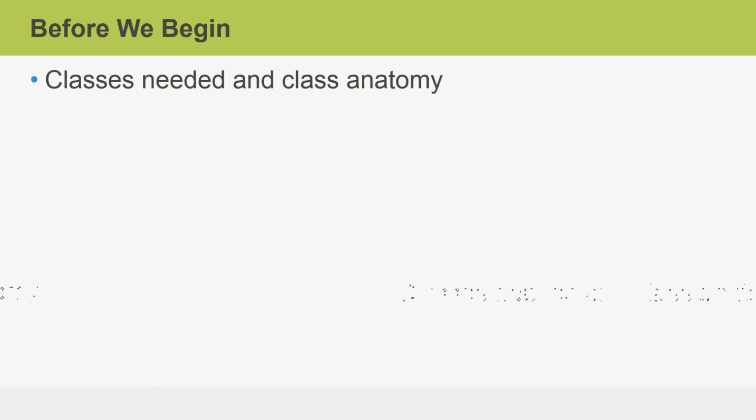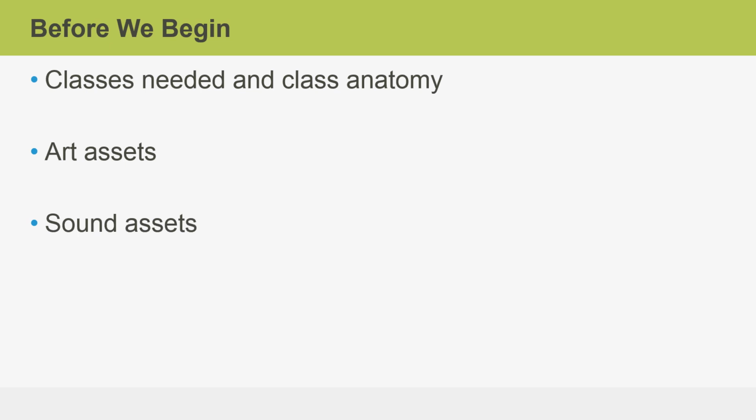I want to look as well at instantiation and static methods and static properties of classes, and some of the issues around that, which are helpful when building this kind of game. The art assets I'm going to have ahead of time, and will have sourced, and I'll have some information on those, and sound assets the same.